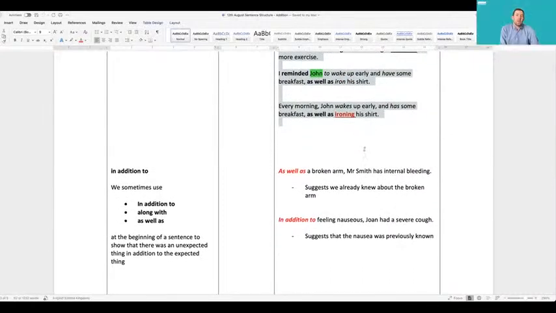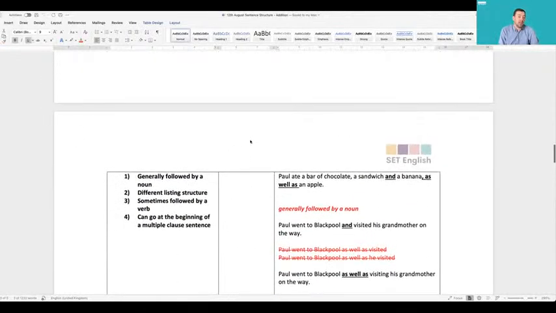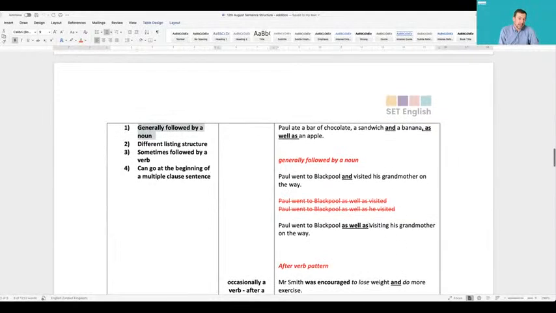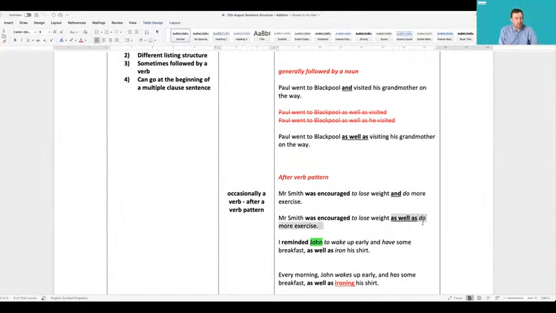Okay, so sometimes when we do this, encourage to do, that's called a verb pattern. Okay, when we encourage someone to do something and we use as well as, it's not quite the same as normal. Normally, when we use as well as, as we've seen up here, they're generally followed by a noun. Okay. So we say as well as visiting. But in this example here, we said as well as do. So the way I see it is you've got two rules here.